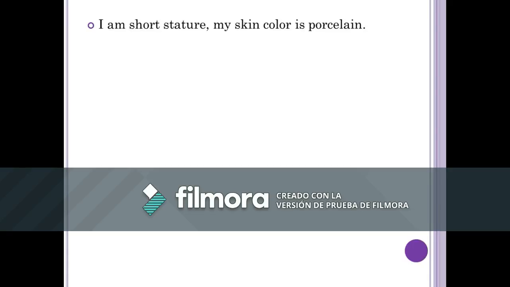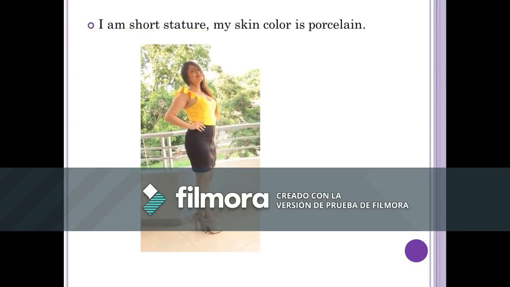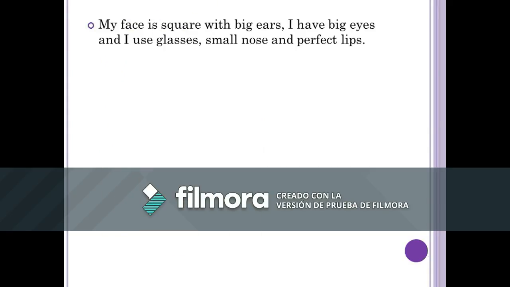My skin color is porcelain. My face is square with big ears. I have big eyes. I use gloss, a small nose, and perfect lips.